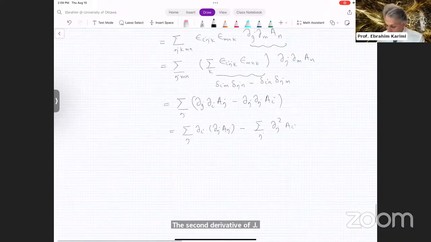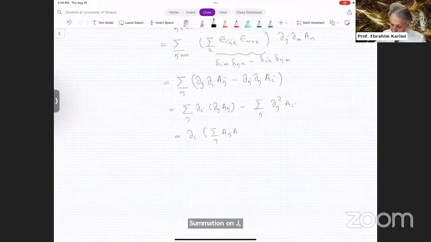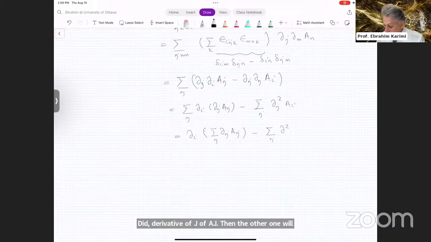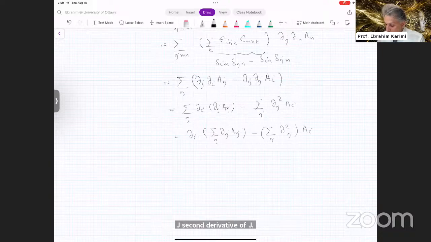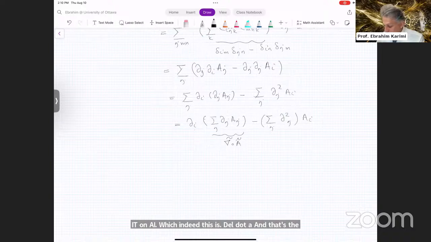So indeed, that is derivative of i, summation on j, derivative of j of a j. Then the other one will be second derivative of j acting on a i, which indeed this is del dot a, and that's the i-th component, and this one also is Laplacian, and that's the i-th component.